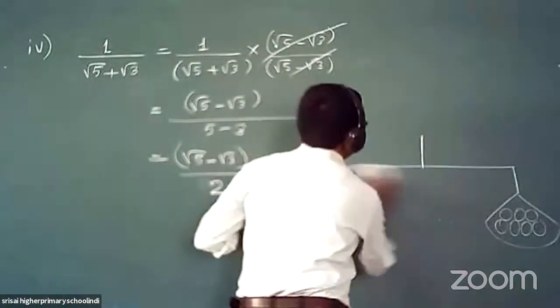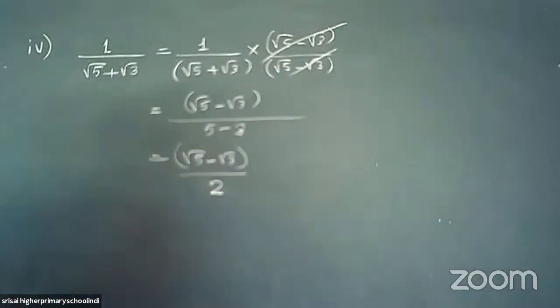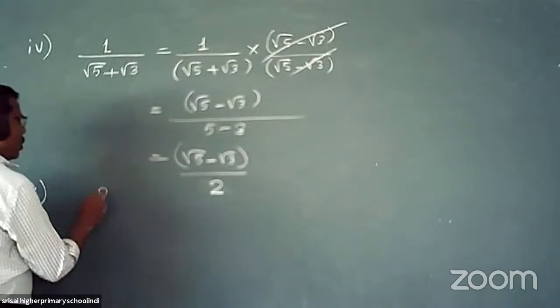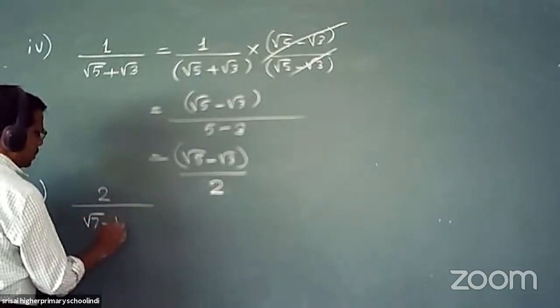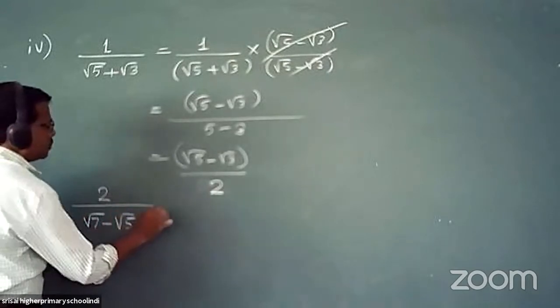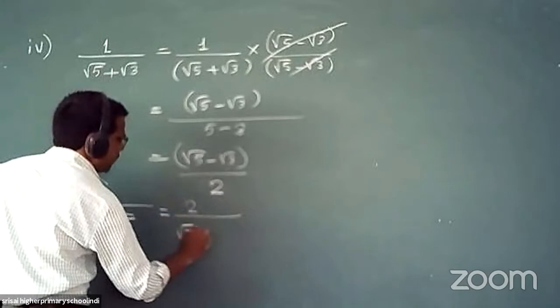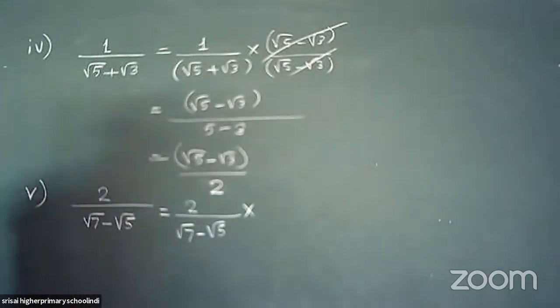Okay. One more example. Now you only tell me. 2 divided by square root of 7 minus square root of 5. What should I multiply now?